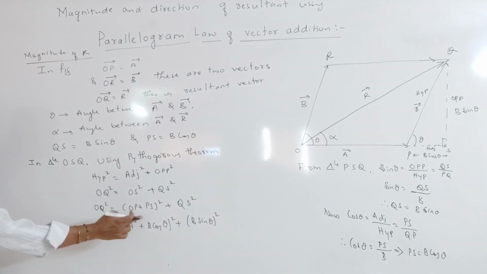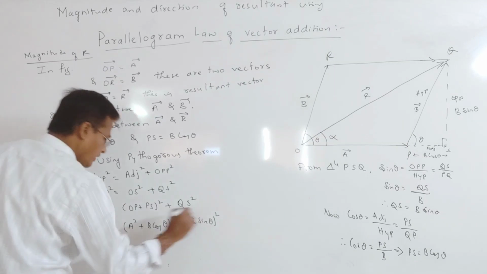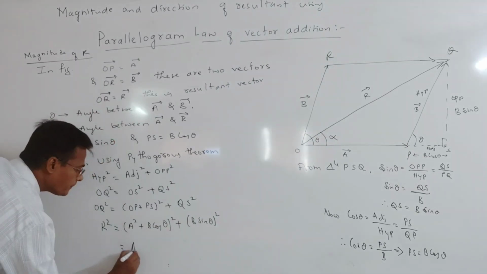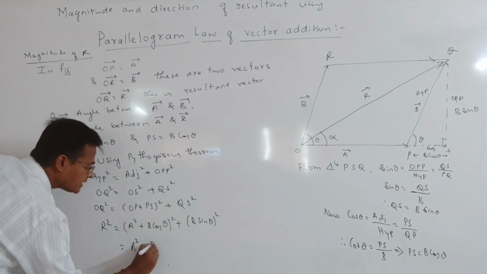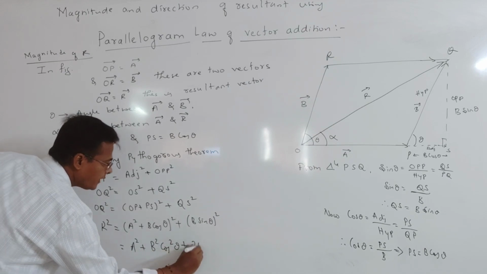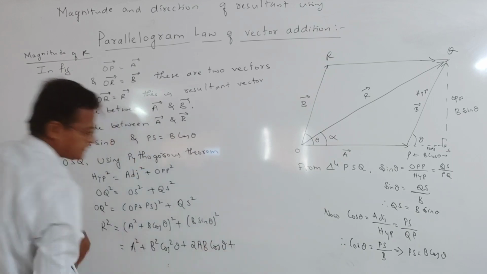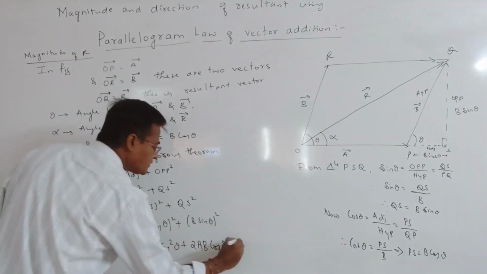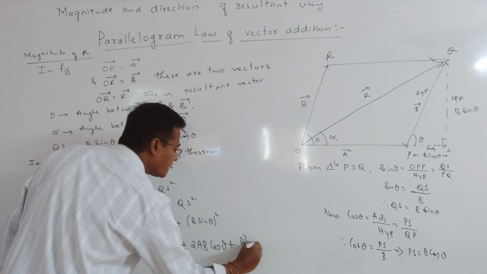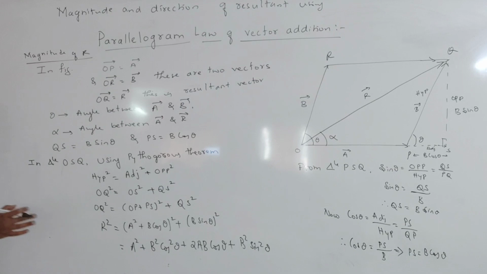So here B cos theta is there, in the place of B we are using that also. So here A square plus B square cos square theta plus 2AB cos theta, plus here B square sin square theta. Up to here understood? Any doubt?